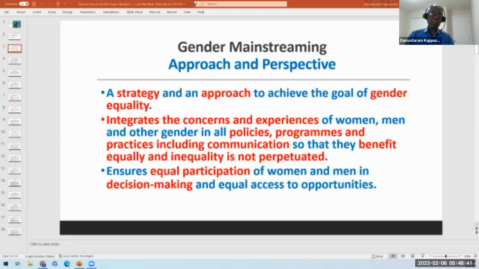So in all decisions within the household, in the community, in development programs, or in national policies, how much do different people participate and access the opportunities that exist? I think we need to consider two things. One is integrating the concerns and experiences of different people. The second is equal participation in deciding what needs to be done.